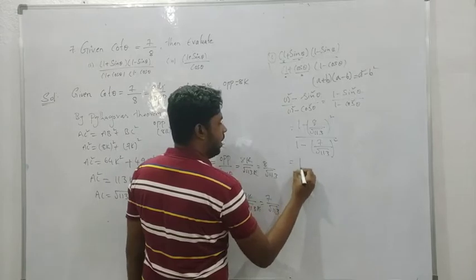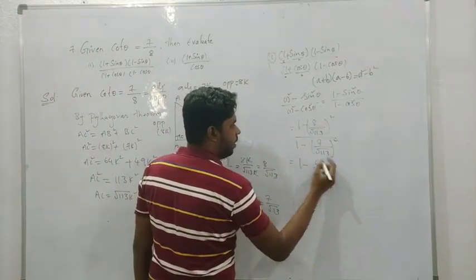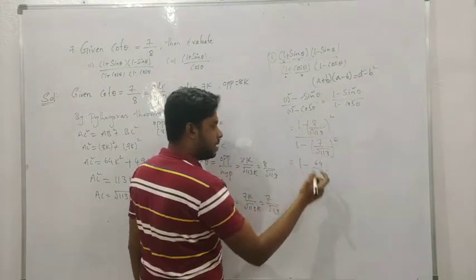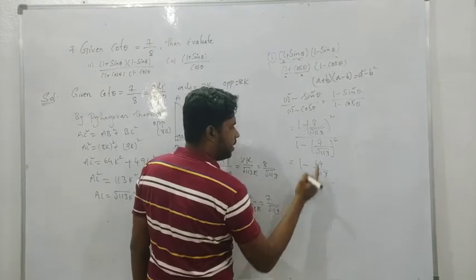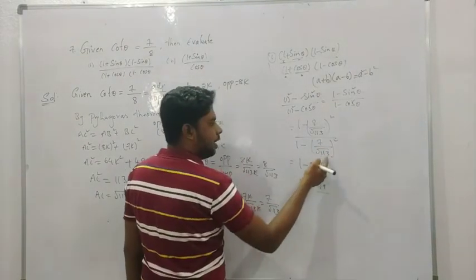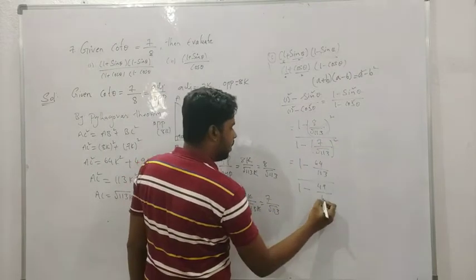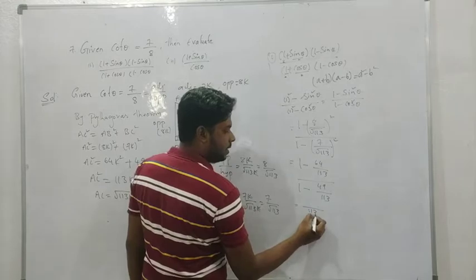Now 1 minus the square of 8, which is 64, divided by the root and square get cancelled, what I remain? 113. Similarly in the denominator, 1 minus the square of 7, which is 49, divided by 113. Take the LCM in the numerator, 113 is the LCM.